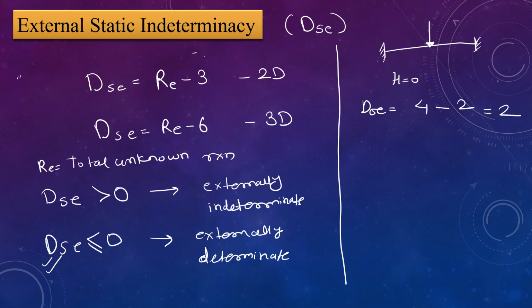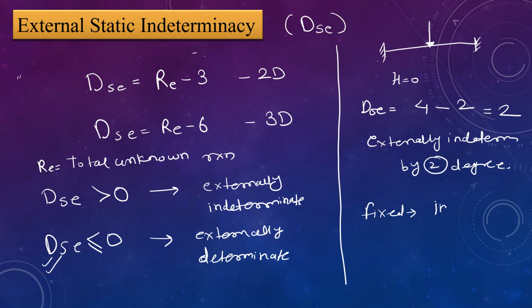Okay, so if a fixed beam is subjected to point load, then that beam is externally indeterminate by 2 degree. And same, if the fixed beam is subjected to inclined loading or no loading, then that beam is externally indeterminate by 3 degree.